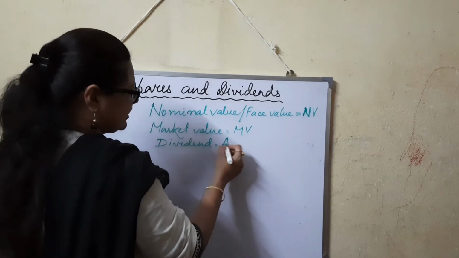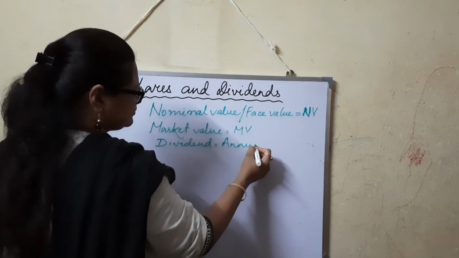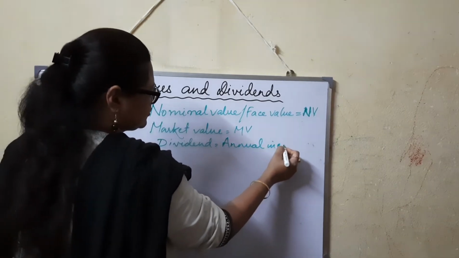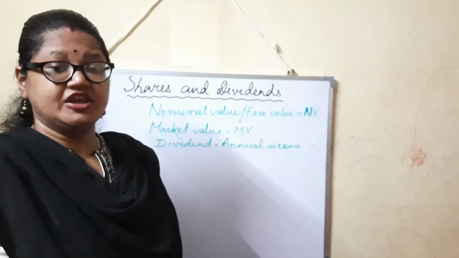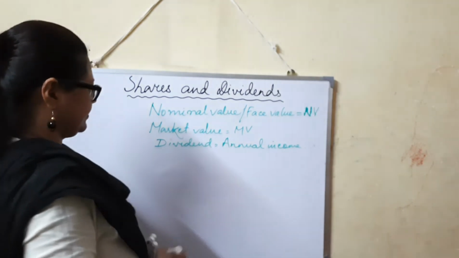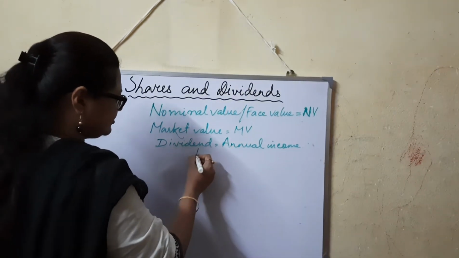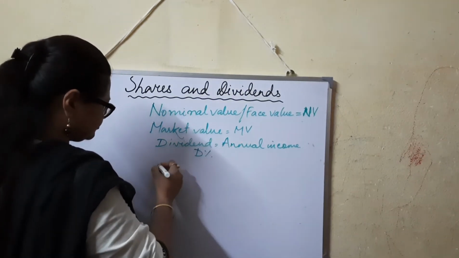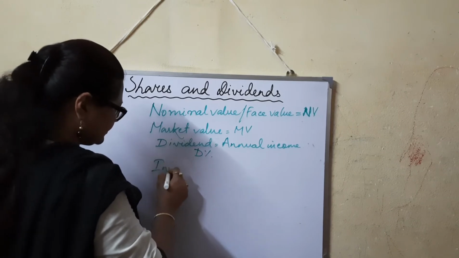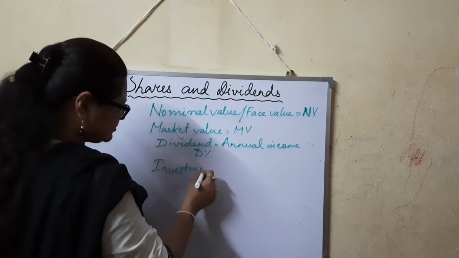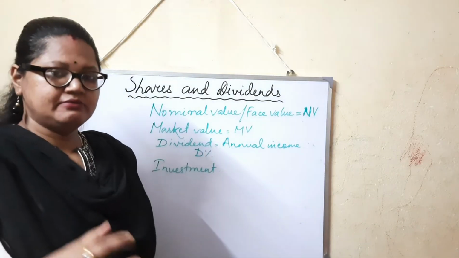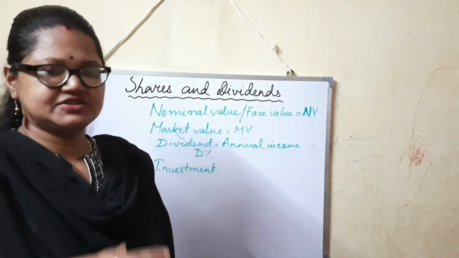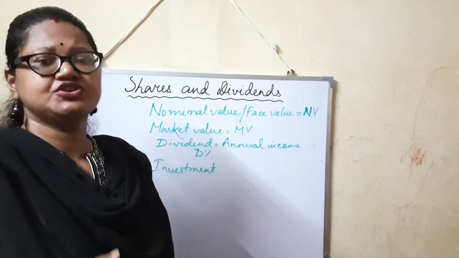Dividend is actually the annual income which is earned by an individual person or institute which invests in the share. This is always given as a dividend percentage. Investment is the money invested in buying the shares by these people or institutes from the market.